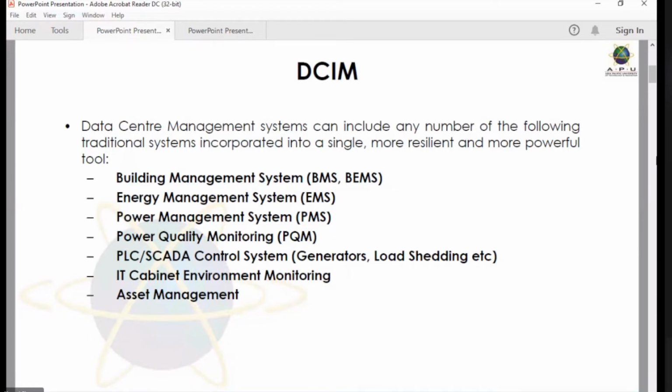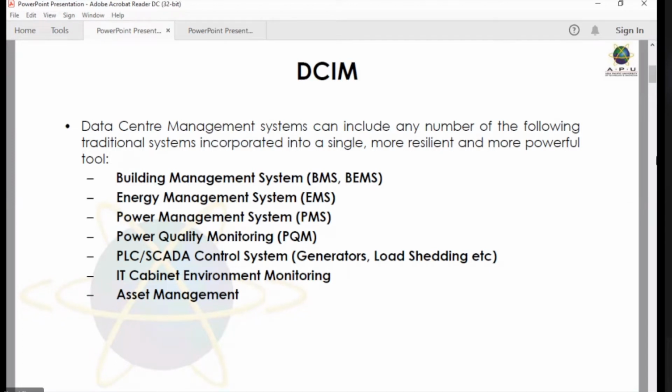BMS is related to hardware. Okay, you have hardware implementation to automate or oversee or monitor all those systems, whereas EMS is more analytical, okay, data related.